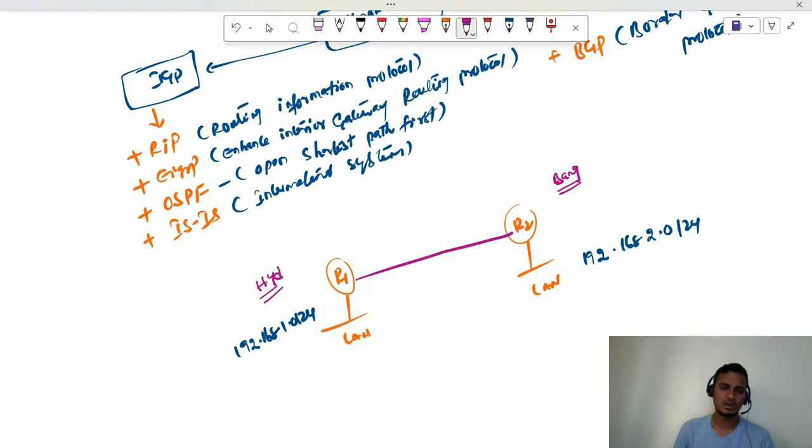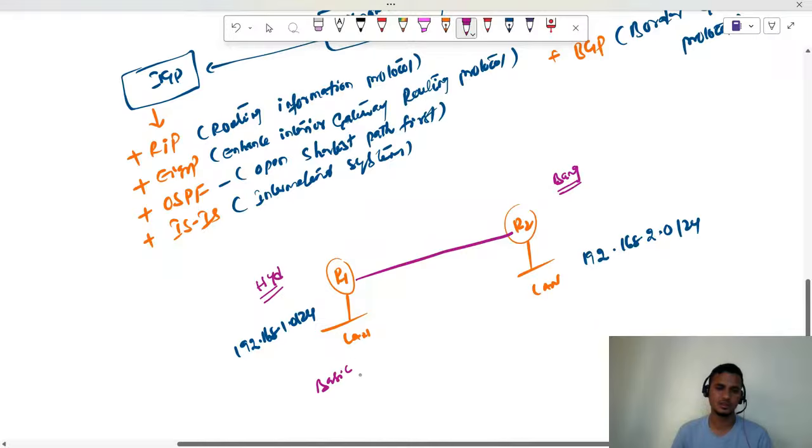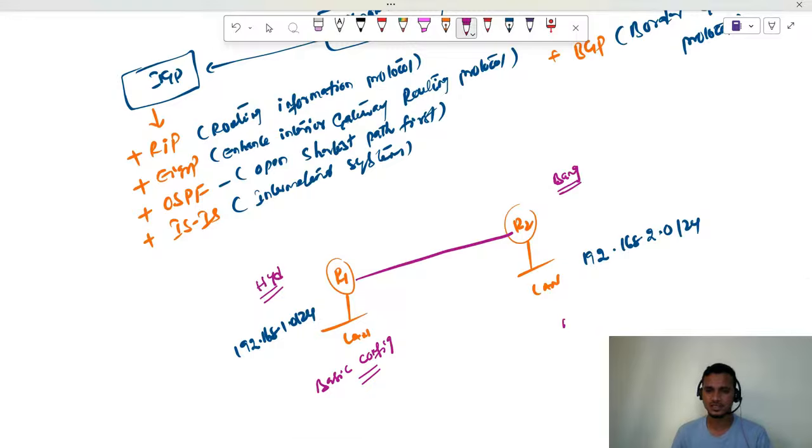If you perform only the basic configuration in the Hyderabad office, and likewise the basic configuration in Bangalore as well, but don't configure routing in between, whatever routing we discussed, the three types of routing protocols, static, dynamic, and default routing, then you haven't configured a routing protocol between these two routers.